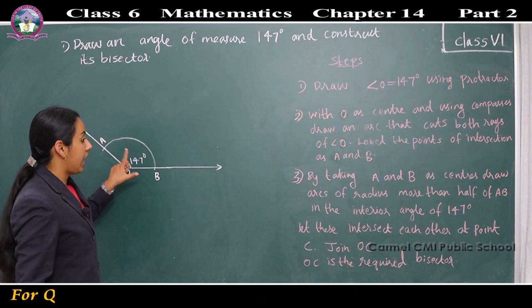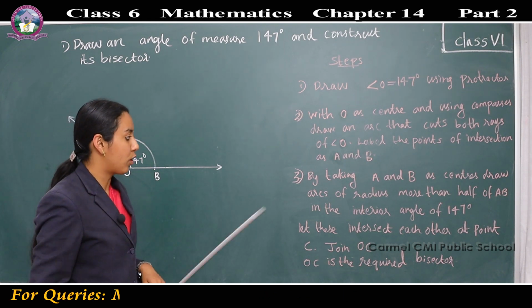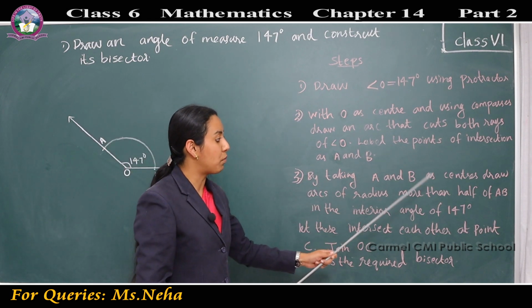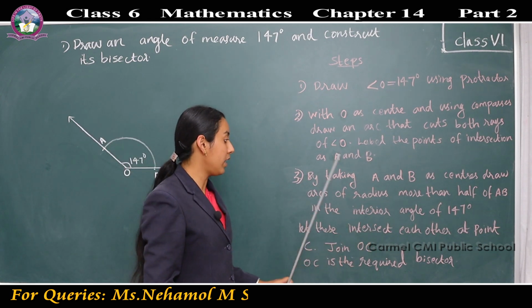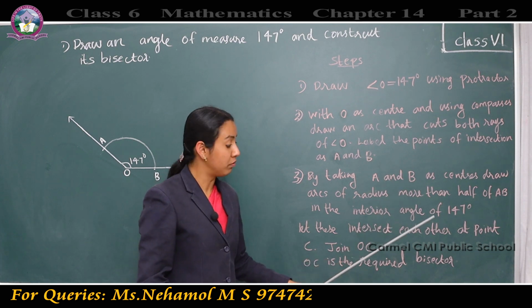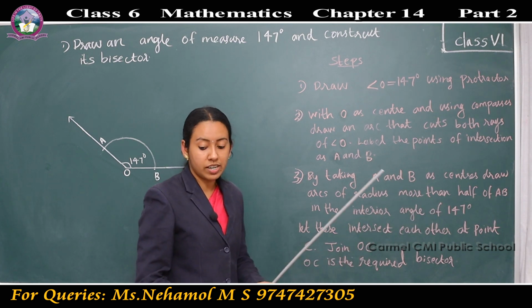By taking A and B as centers, draw arcs of radius more than half of AB in the interior of angle 147 degree.